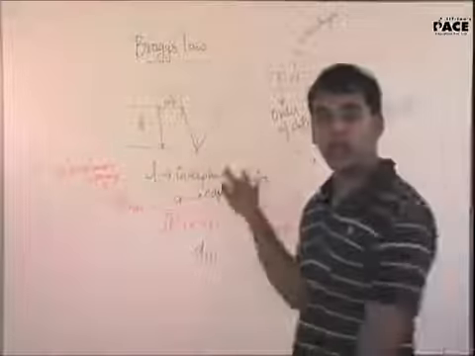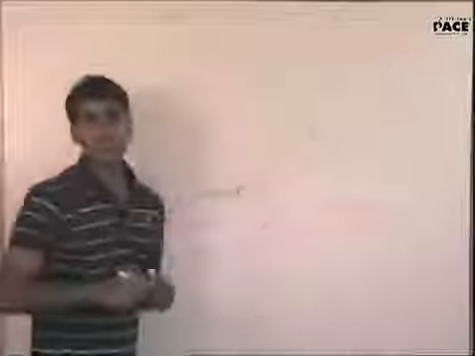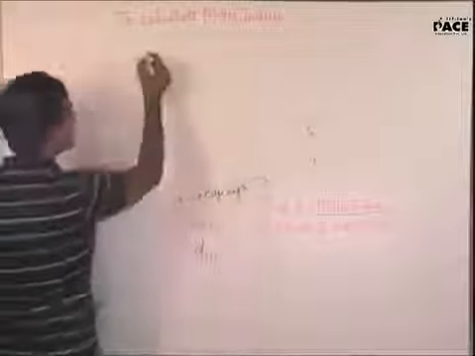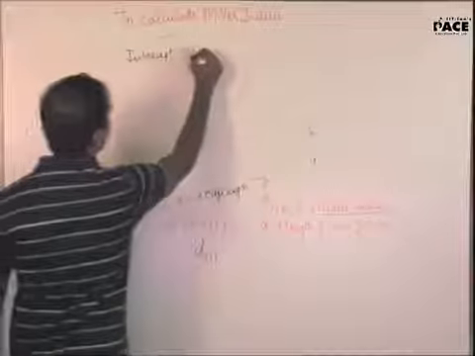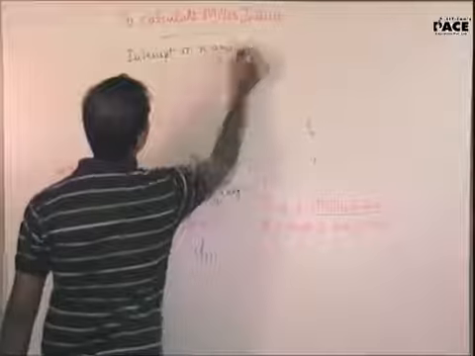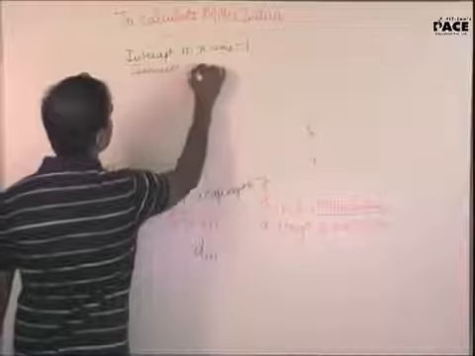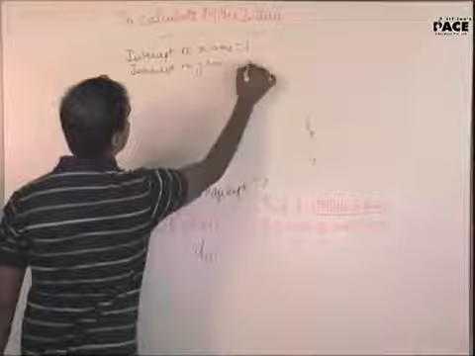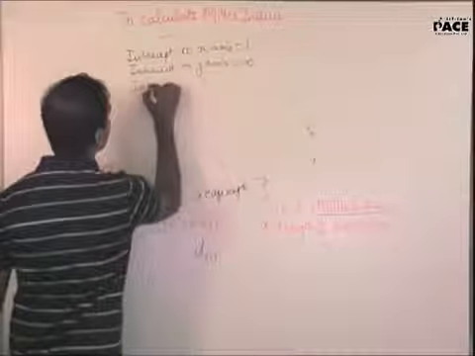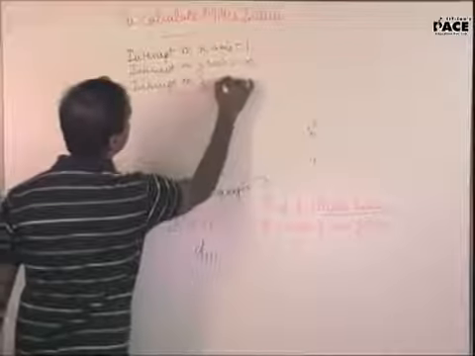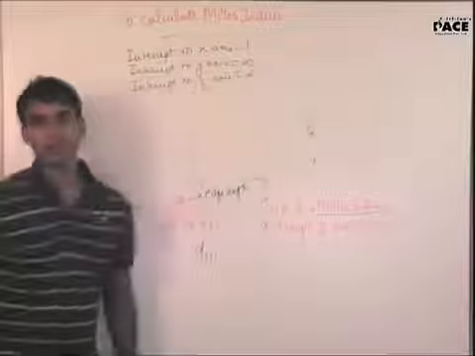Now suppose you want to calculate the Miller indices. See, suppose I give you the intercepts: intercept on the x-axis is 1, intercept on the y-axis is infinity, and intercept on the z-axis is infinity. What does it imply?